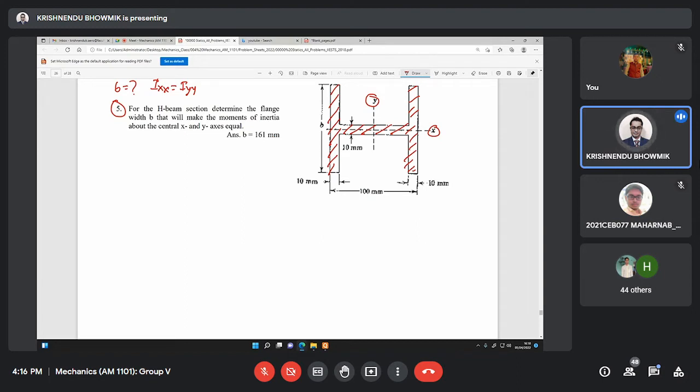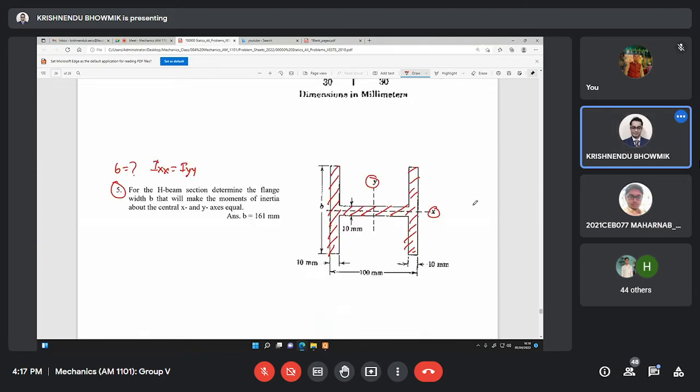Okay, problem 5 of 6.2. So what we can do, given the dimensions, you can check it. 10 mm, 10 mm. This is 100 mm. That means this distance is 80 mm. So if I consider two parts, one is this portion.